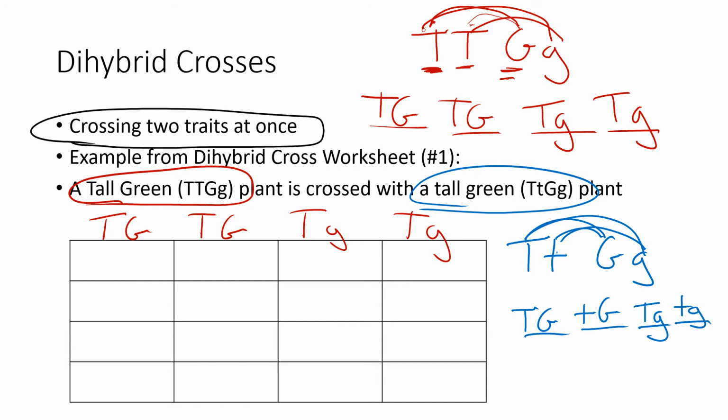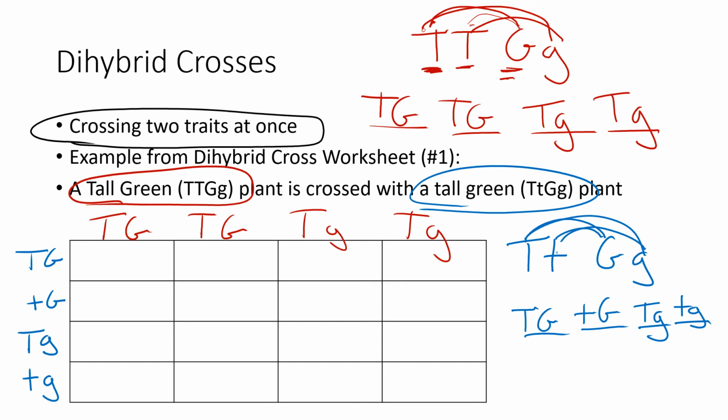So we're basically distributing these combinations of alleles and trying to figure out how many possible combinations there are. So this would be capital T, capital G; little t, capital G; dominant for tall, recessive for green; and recessive for tall, and recessive for green. Now we do basically the same thing. We bring these alleles down and over into the boxes.